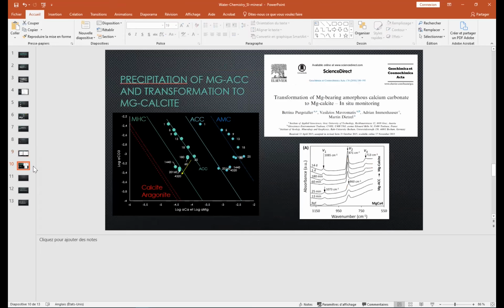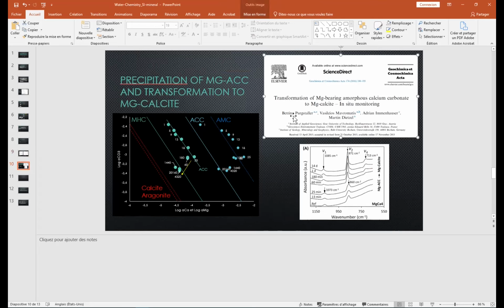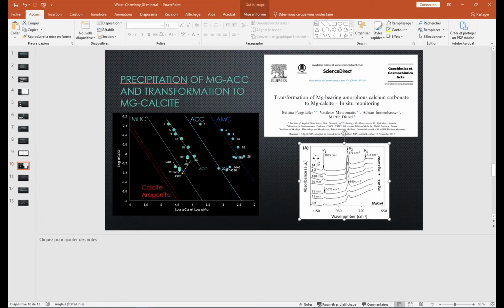So, just to show you why it can be important and really interesting to plot this type of graph, I chose this example. I found a paper of Purgstaller in 2016, where they did some experiments of precipitation of magnesium calcite, and they monitored the precipitations in the solutions with Raman.